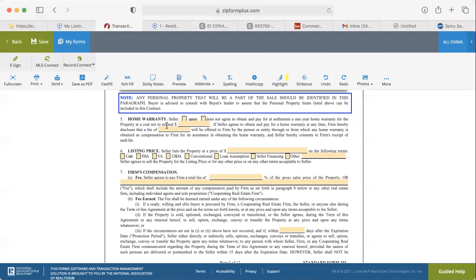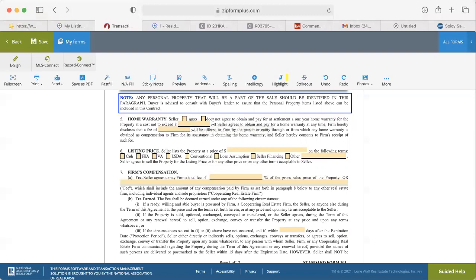So it's your systems. It doesn't cover the water heater for 30 days usually, and it does not cover the roof or any structural issues. It's only systems. Okay. So if the seller agrees to pay for a home warranty, then it would be marked here as agrees.